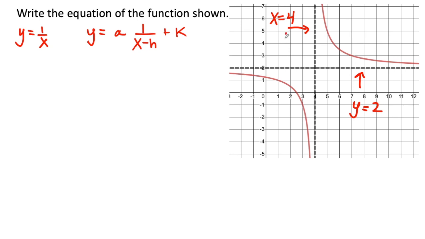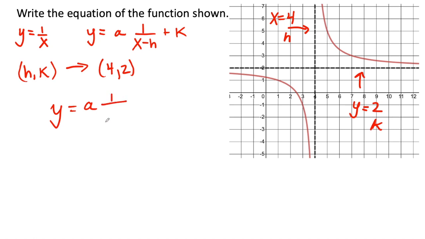So this is actually our h value, and this is actually our k value. It comes right from the asymptotes. So our h, k, writing them as an ordered pair, is 4, 2. Therefore, y equals a times 1 over x minus 4, plus 2.